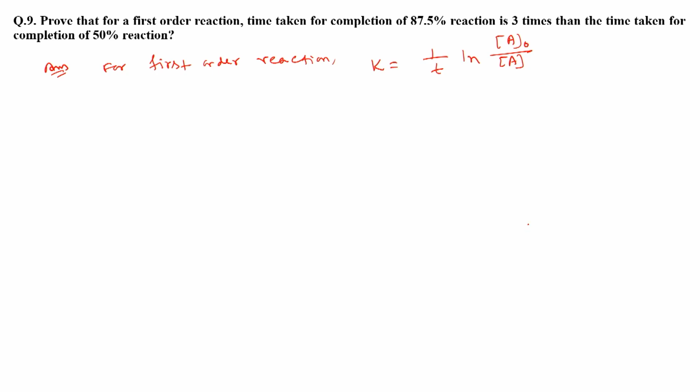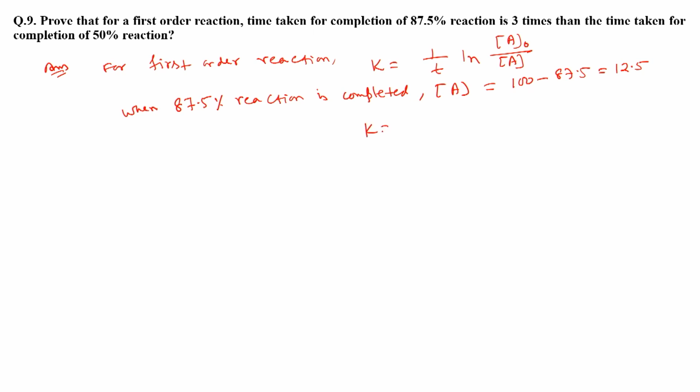Okay, so when 87.5% reaction is completed, then concentration of A, if we say the concentration of A naught is 100, is 100 minus 87.5, and then we get 12.5.